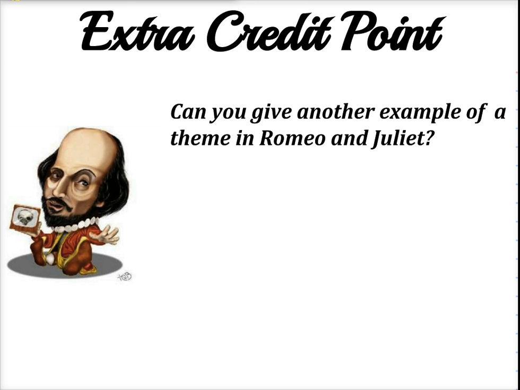What other messages do you think Shakespeare was trying to convey to his audiences in Romeo and Juliet? So think of another theme, some common messages. You just look through it and you say, okay, what topics come up in Romeo and Juliet? What message do I get about that topic? So think about that, and if you can give another example of theme, then I'll give you some extra credit points.